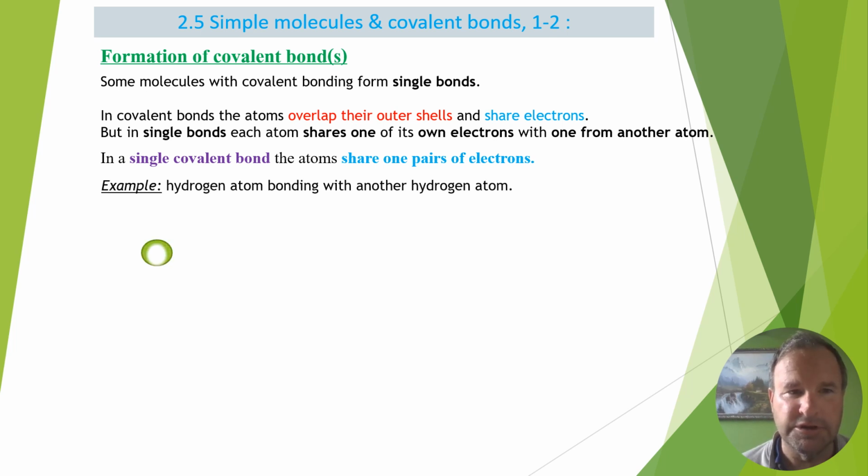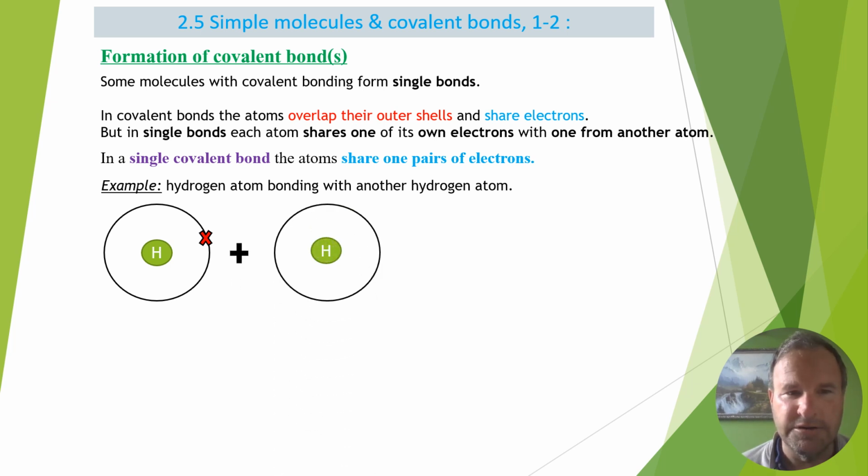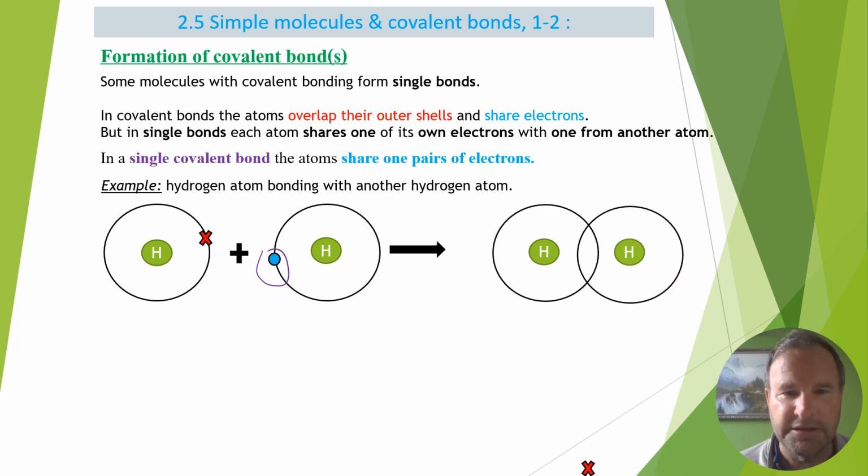Here's the example showing you what is happening in the ring structure, just with the outer shells, in this case hydrogen, with its single electrons represented by the red cross there, and the blue cross there. Here is what it looks like in the finished diagram. If they asked you to draw it, can you please put in the shared electrons?